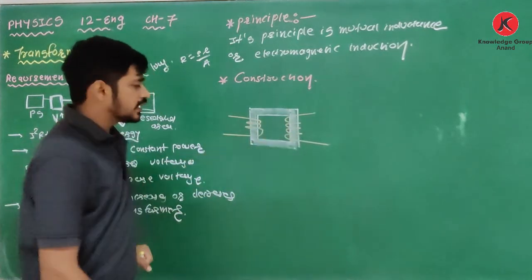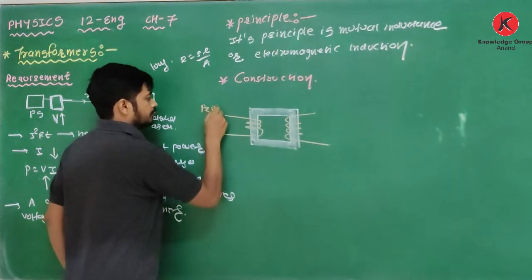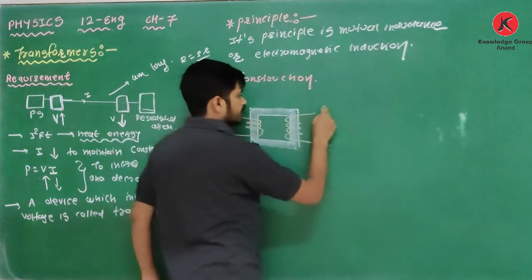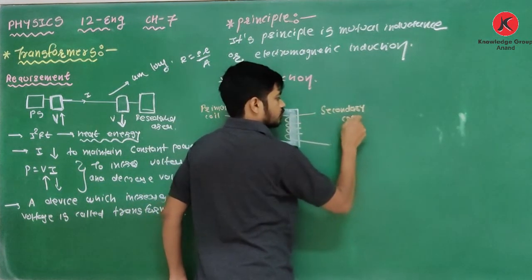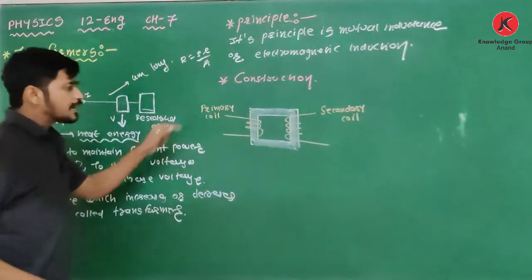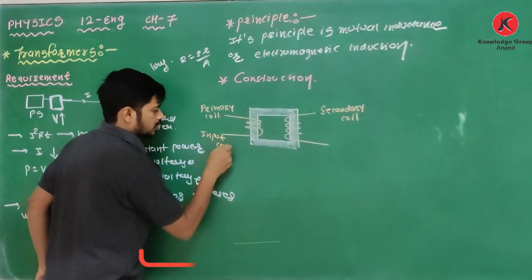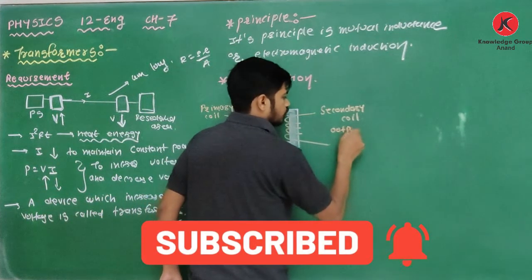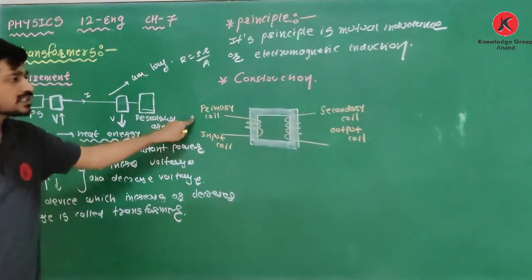The first coil is called the primary coil, and the second is called the secondary coil. The primary coil is also called the input coil, and the secondary coil is called the output coil. So it is the first type of arrangement.